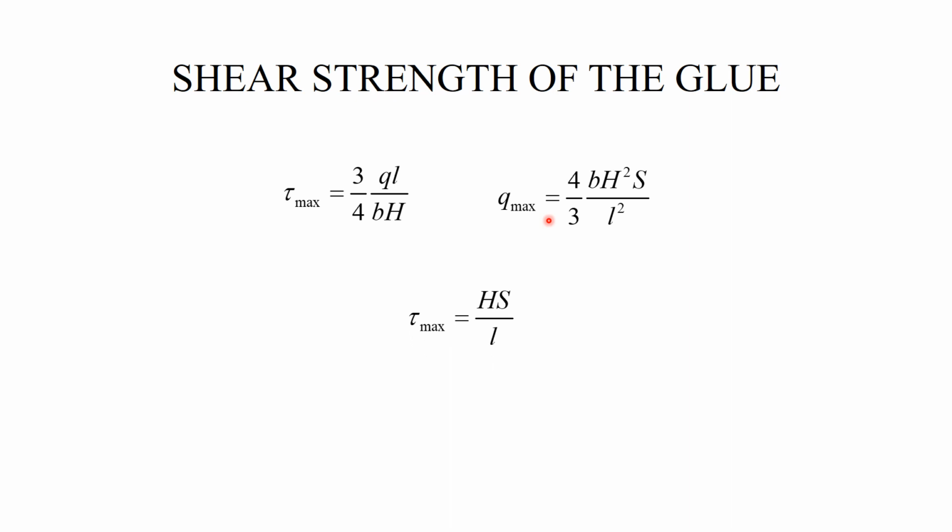So all we have to do is to substitute Q max into this expression for tau max, and this gives us the value of tau max equal to HS over L. And therefore, we claim that the shear strength of the glue must exceed H over L times S. Again, nothing here depends on little h and n separately.